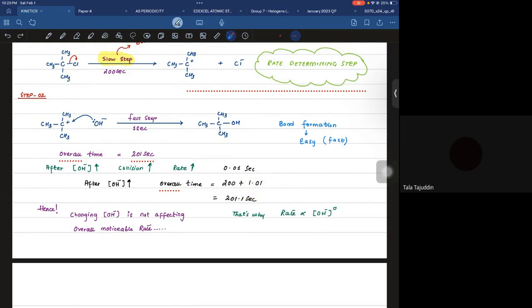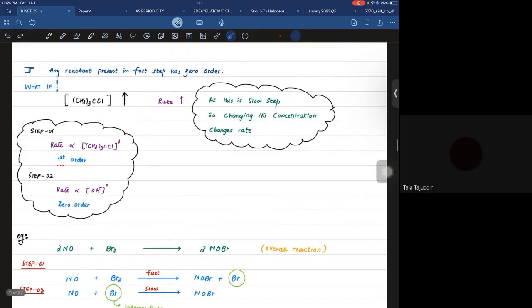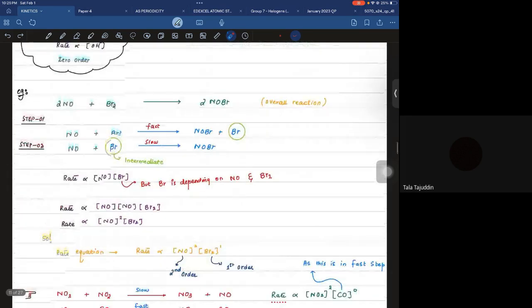The change is negligible, like it was 200, and after addition of this, it's 201. That's why we are saying that with respect to OH minus, this is zero order reaction. The rate is not changing upon the concentration of OH negative ion. Same goes with this.